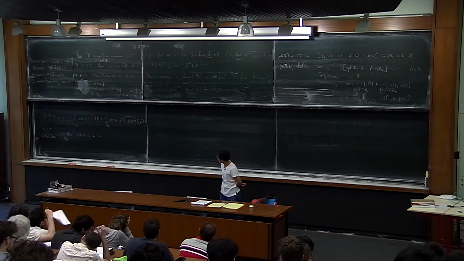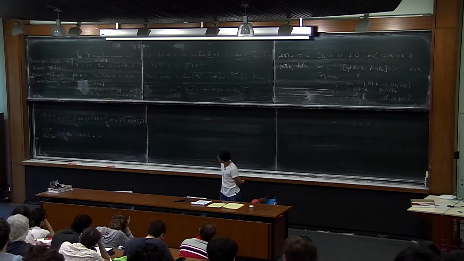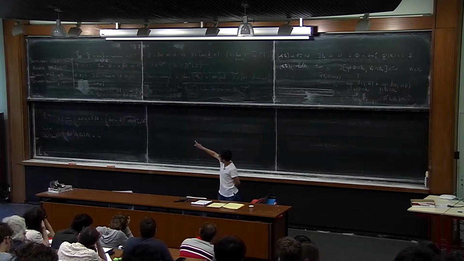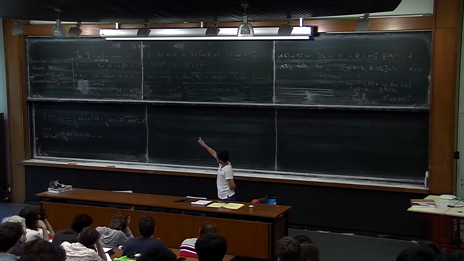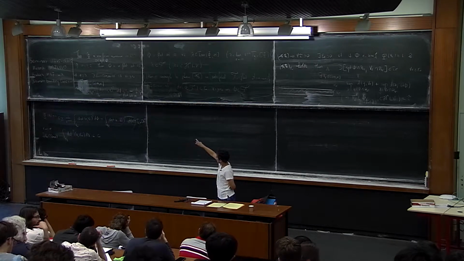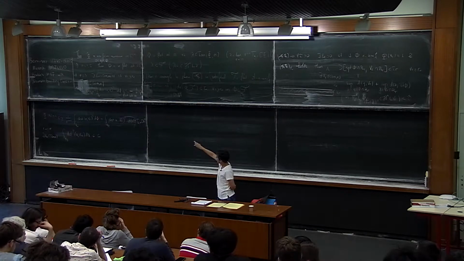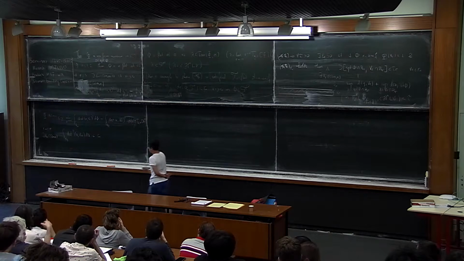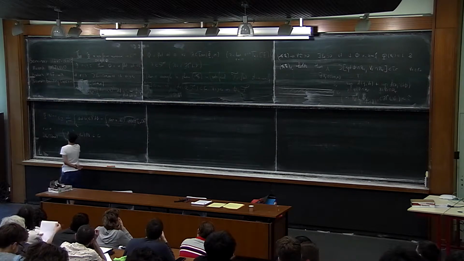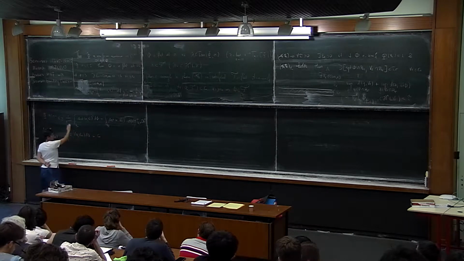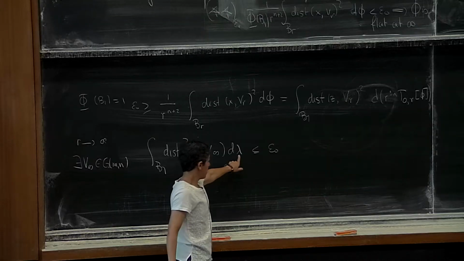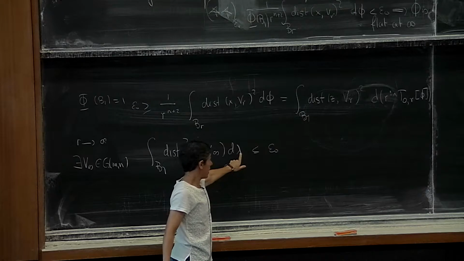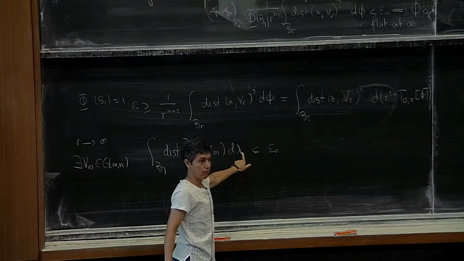So the theorem on top says: if phi is an n uniform measure, n equals 1 or 2, then phi is flat at infinity. And then for n greater or equal than 3, what I'm going to prove is that if I have this condition on the tangent at infinity, then this measure is flat.